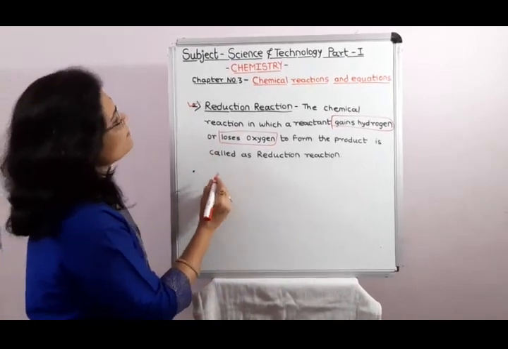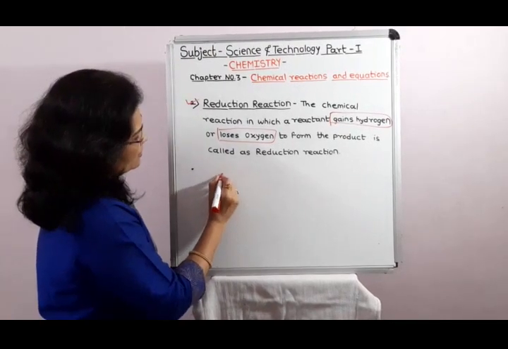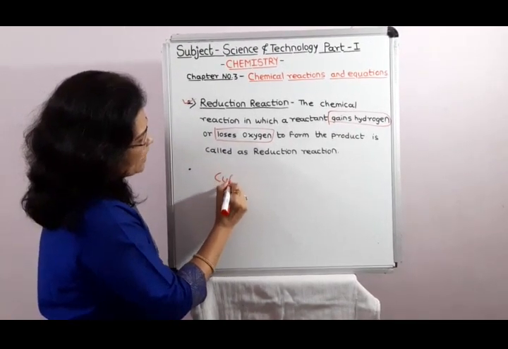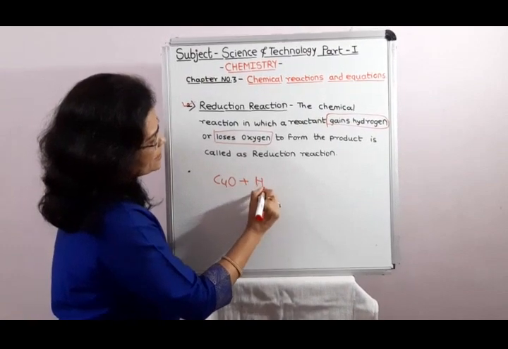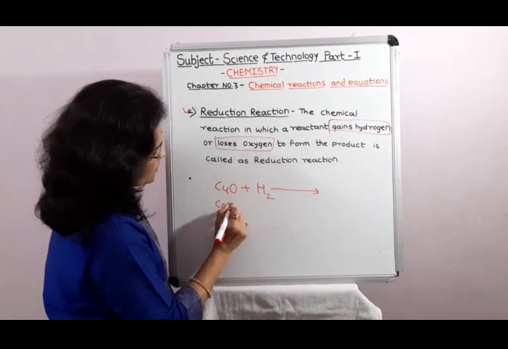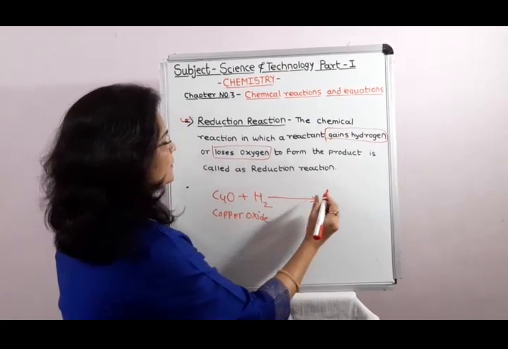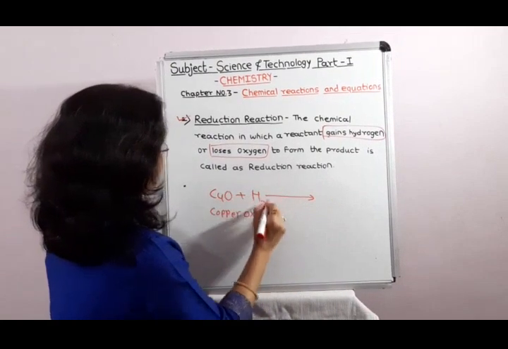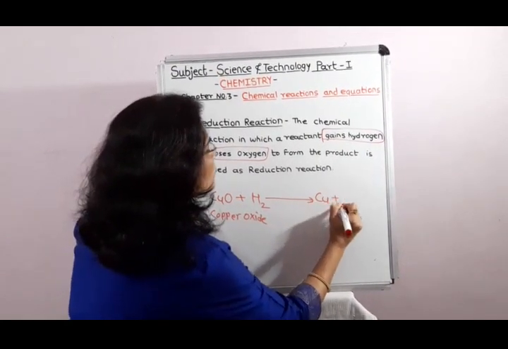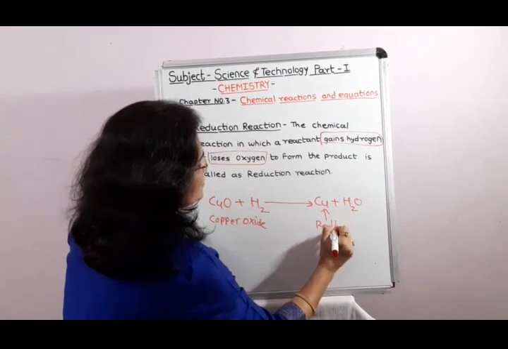The best example for this reduction reaction is when hydrogen gas passes through black colored copper oxide, then reddish colored copper is deposited.